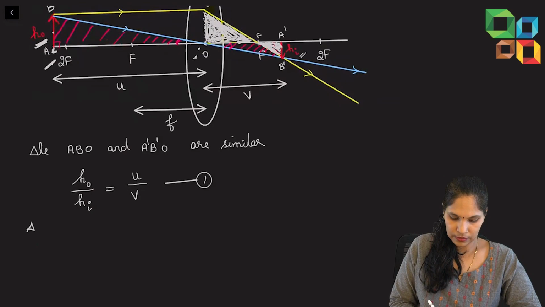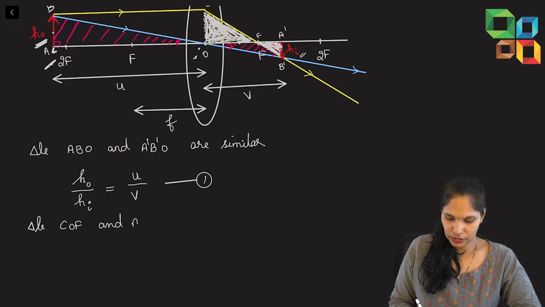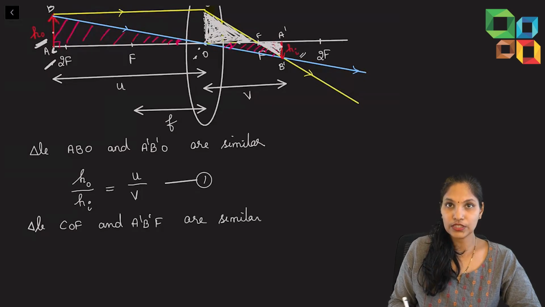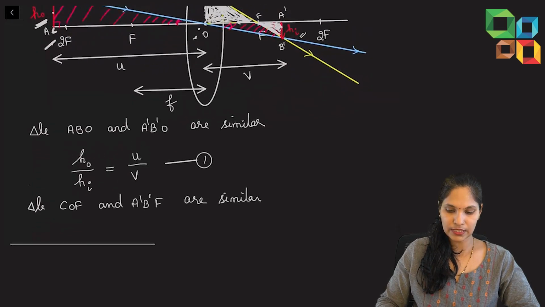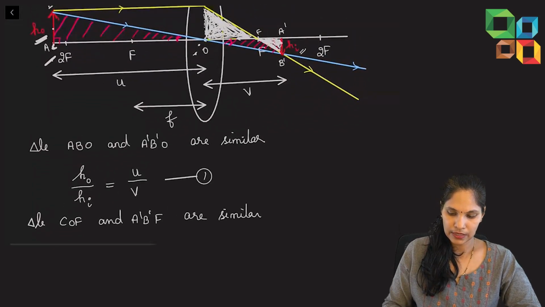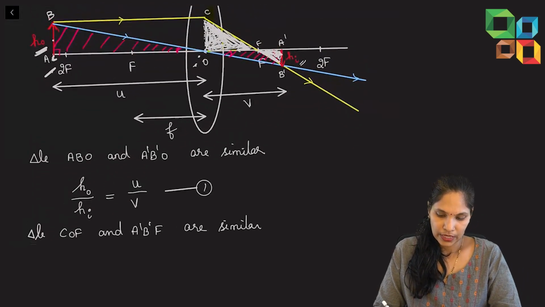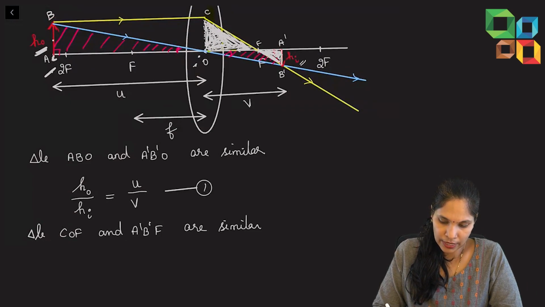So which are the triangles? COF and A dash B dash F are similar. So what if they are similar? Again, go for the same thing: the ratio of sides. This is HI.